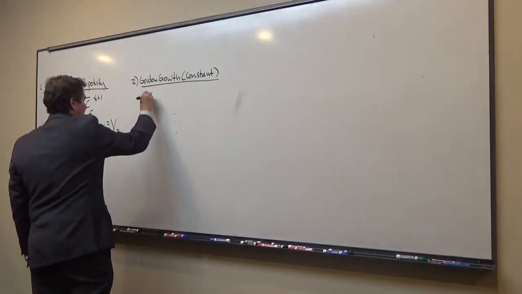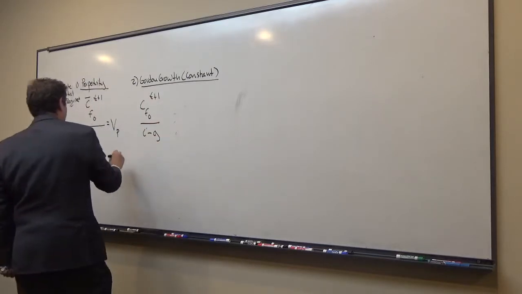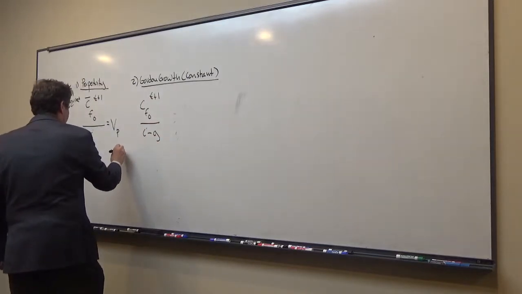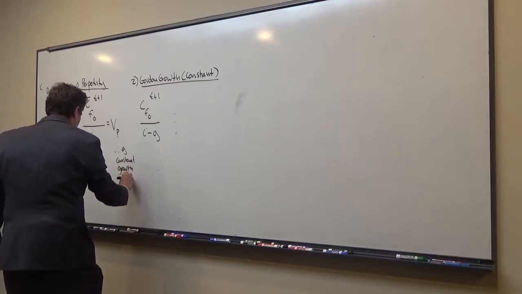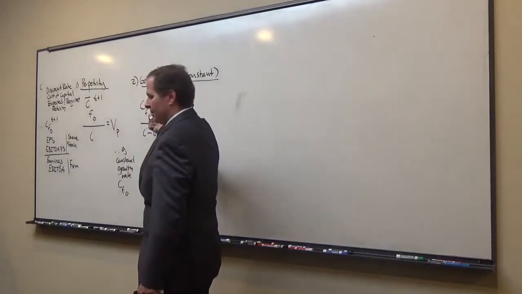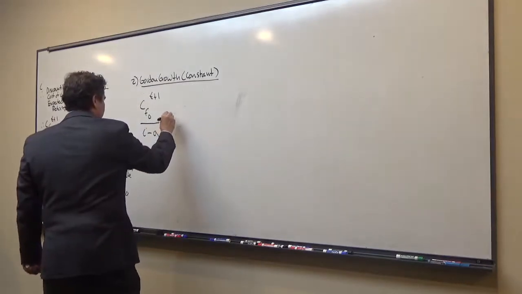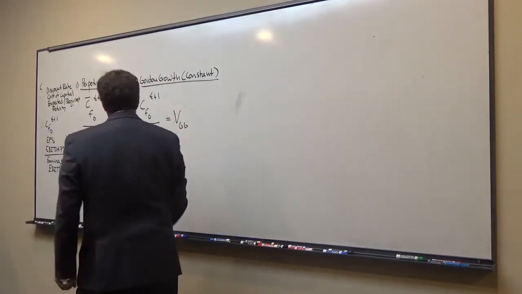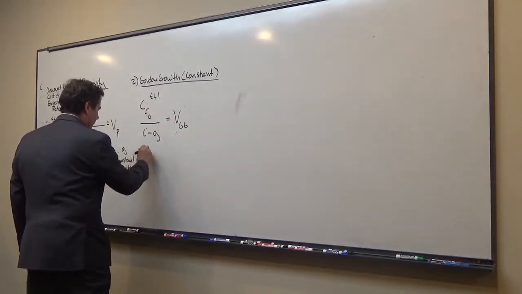So the cash flow T plus 1 divided by I minus G. And G is the constant growth rate in the cash flows. They assume that the cash flow is going to grow at a constant rate in the future. That's your Gordon growth.